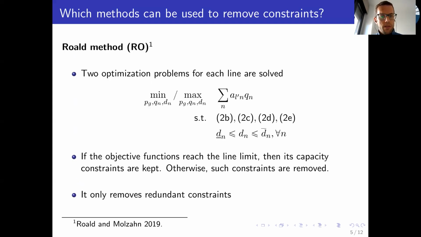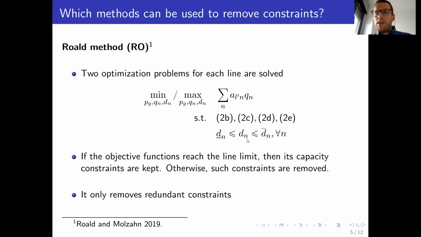Then this method is proposed in the literature by Roald and Molzahn. This problem here is different from the unit commitment in two things. First, it's a relaxation of the unit commitment because it does not include any binary variables, so generators can be dispatched from 0 to maximum capacity. And then the objective function is different because it's going to maximize or minimize the flow through a given line, l tilde.